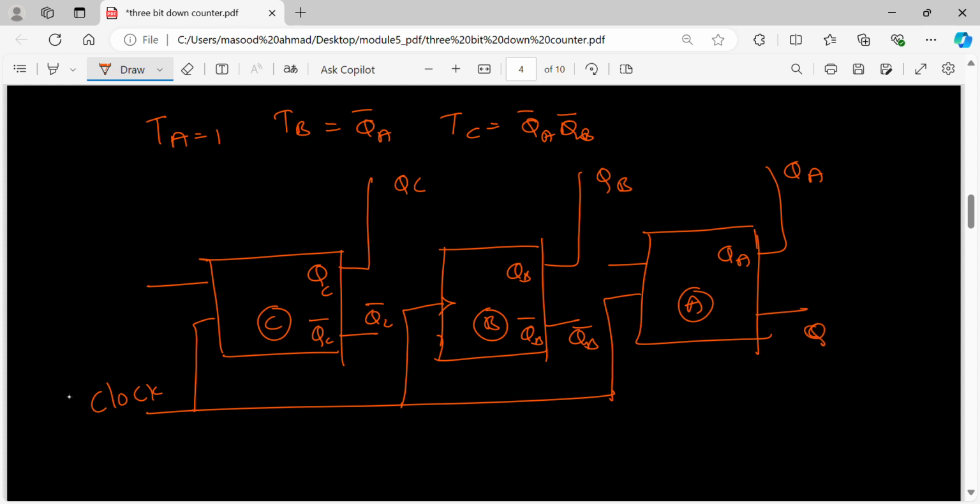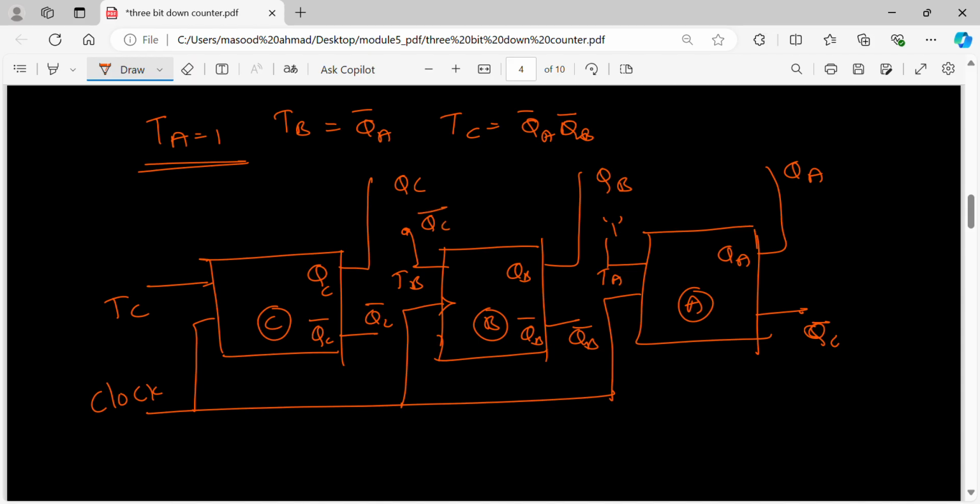This is TC, this is TB, this is TA. From the expression, TA should always be connected to 1. TB should be connected to QA bar.